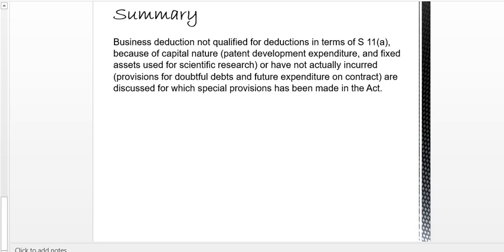So there are certain special provisions made within the Act for these, and that is what we focused on.